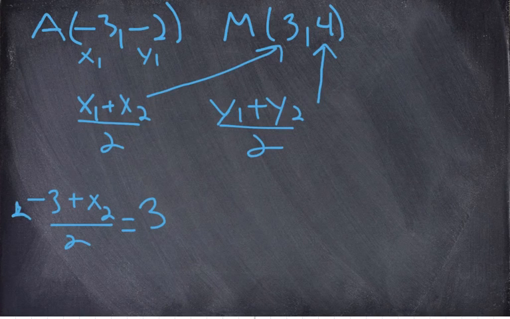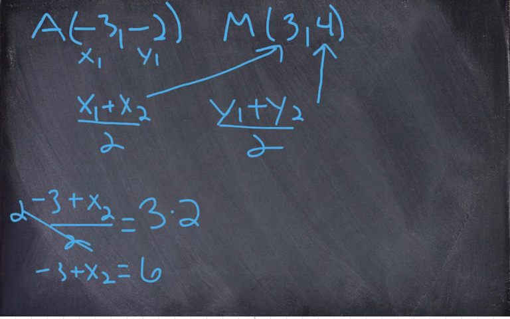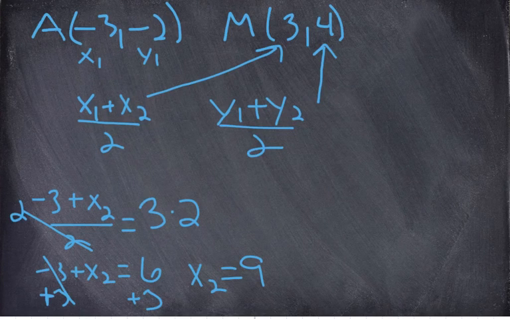We multiply by 2 on the left, which means we multiply by 2 on the right to eliminate the denominator. That gives us negative 3 plus x2 is equal to 6. And lastly, we add 3 to both sides. So x2 is equal to 9. So there go our x values.